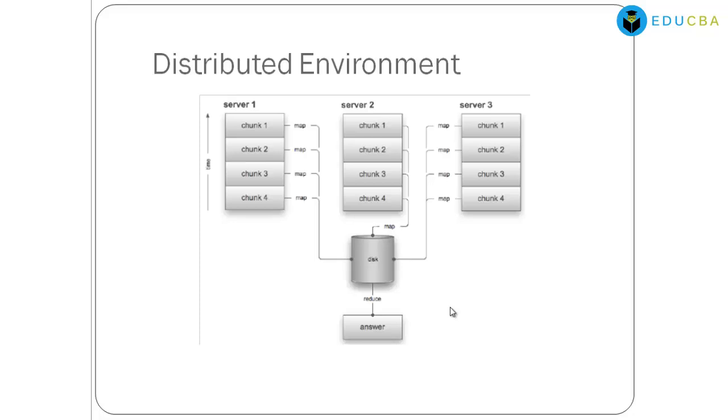In this way, Splunk can scale itself from a single instance to multi-regional instances. That is the advantage of Splunk, and we call this a distributed environment. The environment which lies in different regions, widespread across multiple regions, is called a distributed environment.